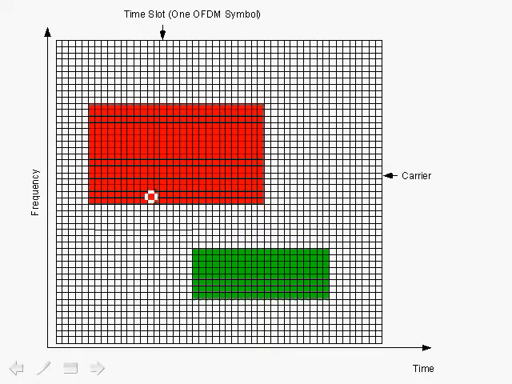Then within this region shown over here, we are actually transmitting a certain amount of data, a burst of data. We can take the number of carriers times the number of time slots times the number of bits per carrier, and that would represent a data burst.